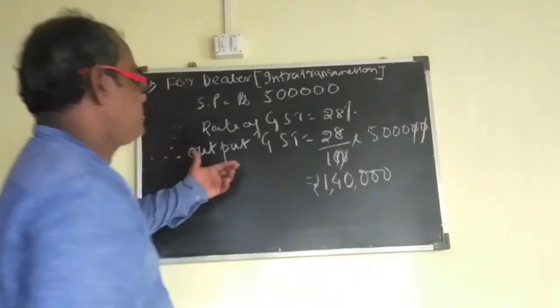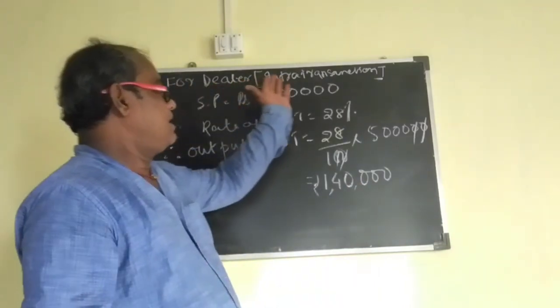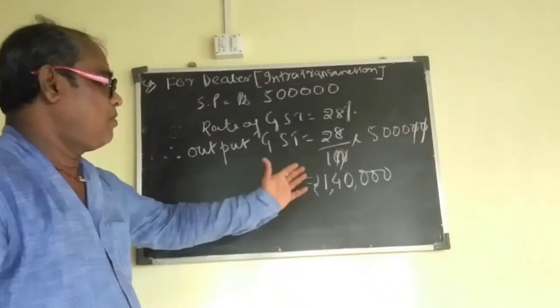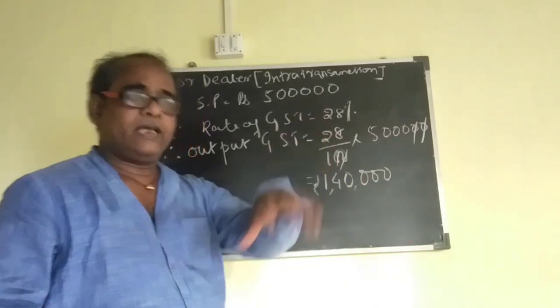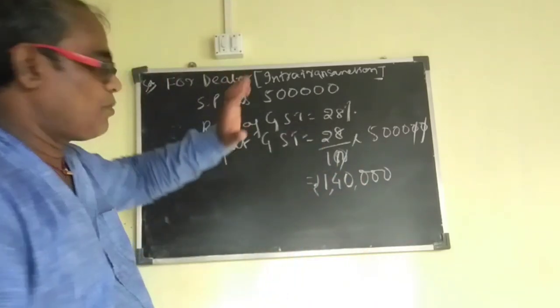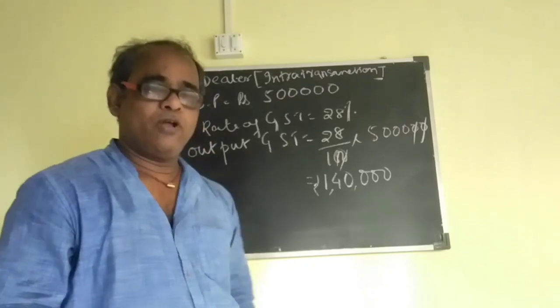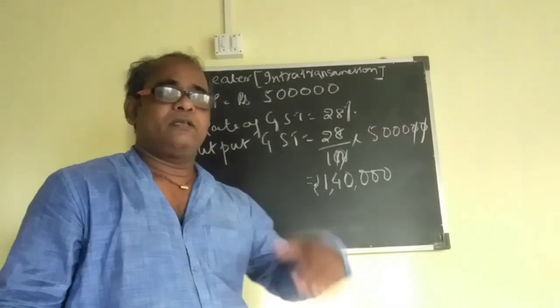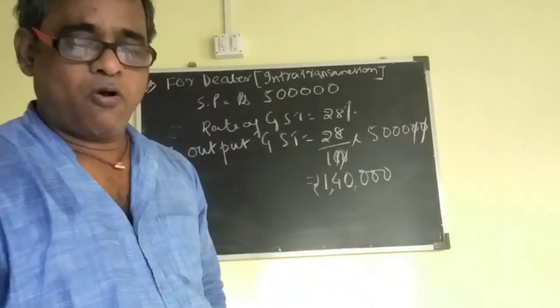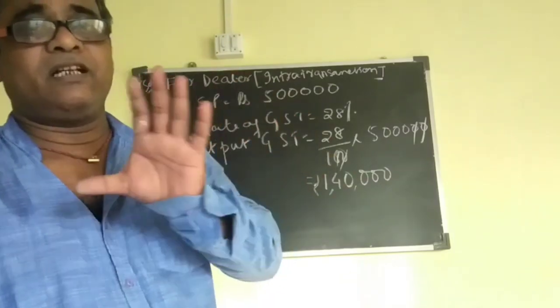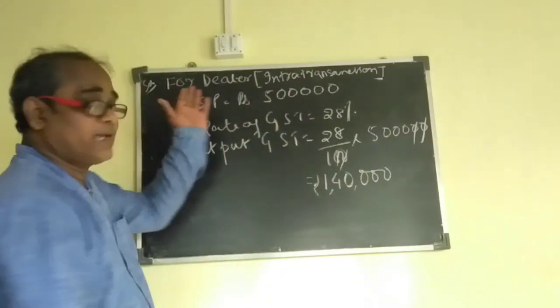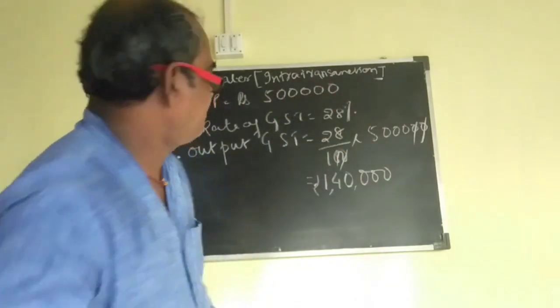So the output GST in intra transaction was rupees 1,40,000. Within the question we also have one more point to note, that there was a receipt of transaction which was done in interstate. So let us calculate that point also.